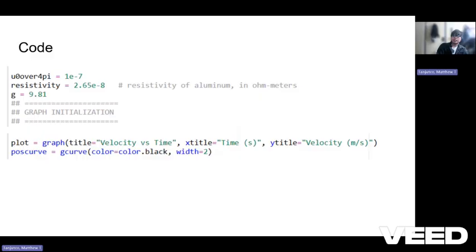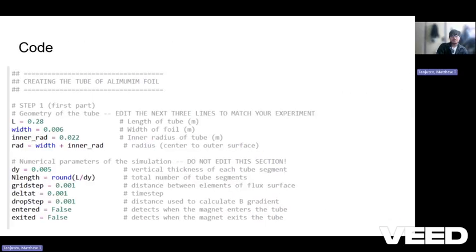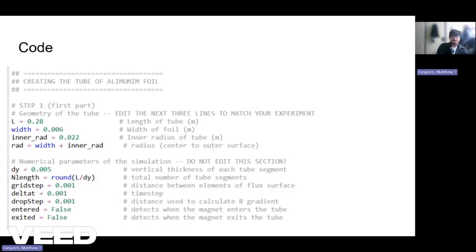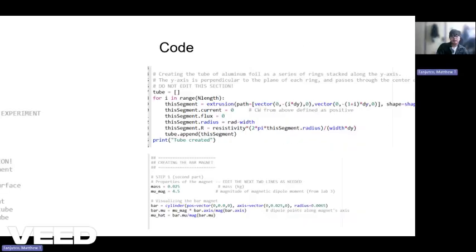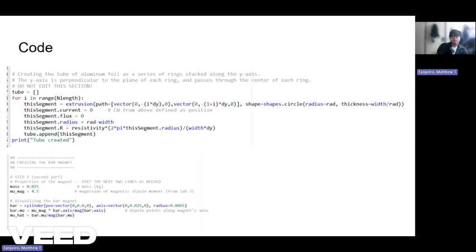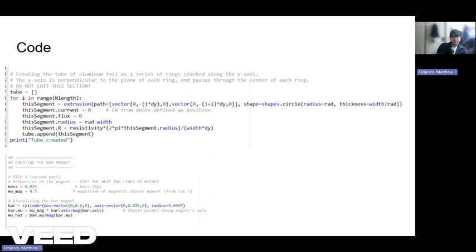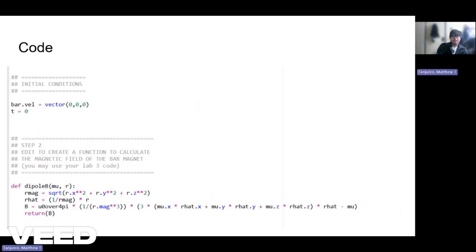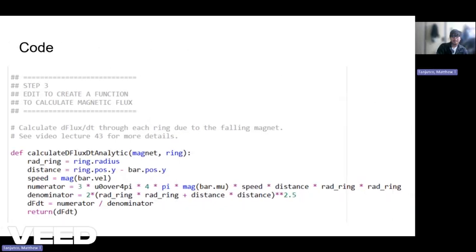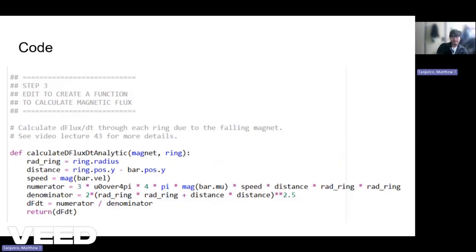The code we use to model this starts off with some variables and the graph we need to make, followed by creating the tube of aluminum. After that, we create the tube and look at its range, as well as creating the bar magnet. We have initial conditions for the bar magnet as well as the tube, their magnetic fields, and calculating magnetic flux.